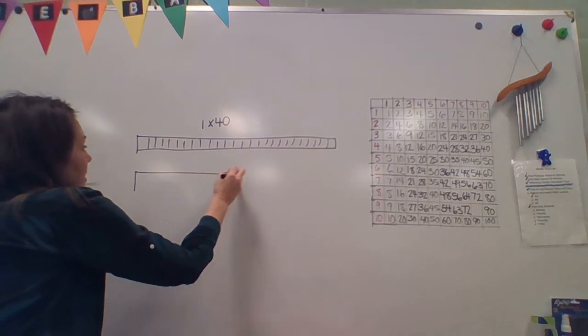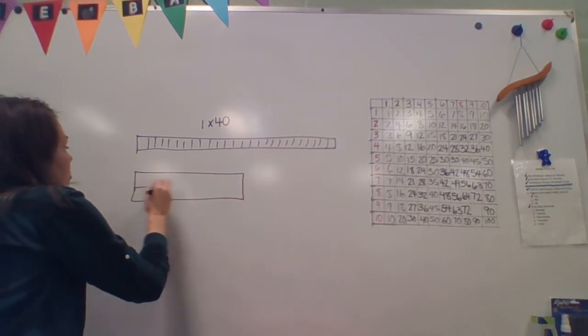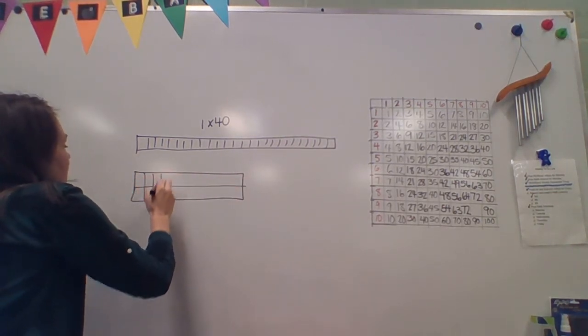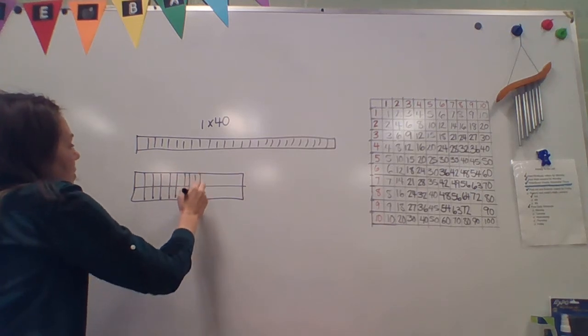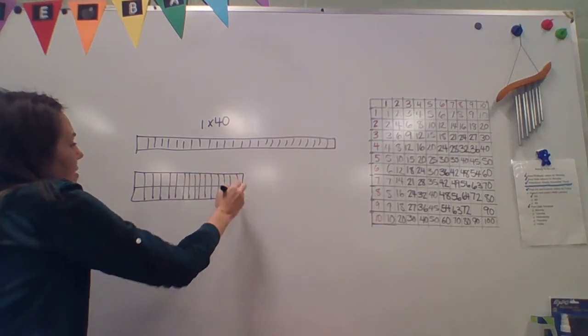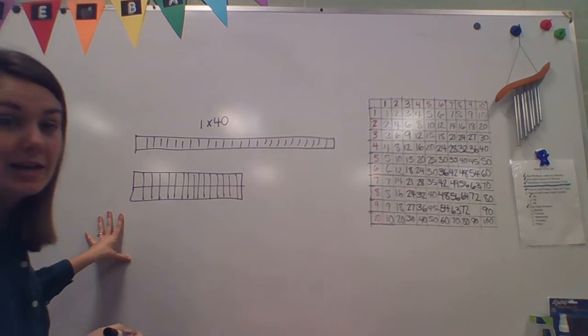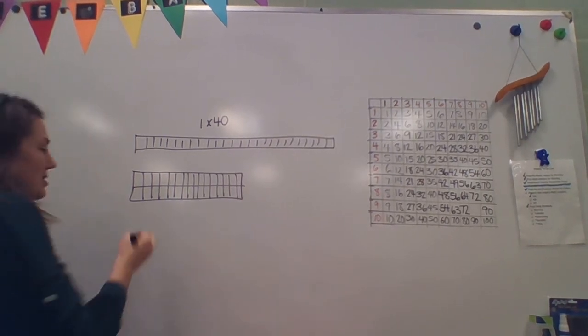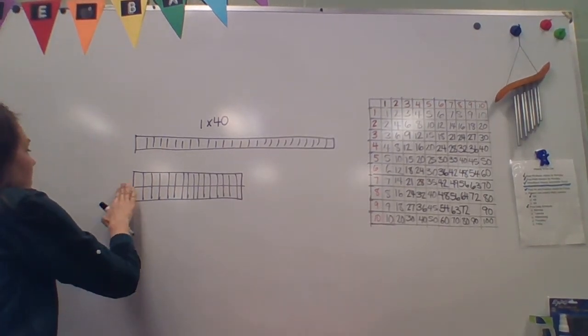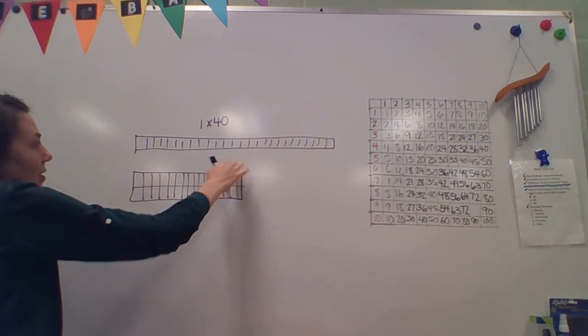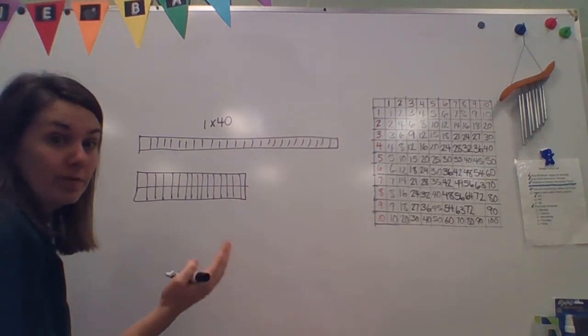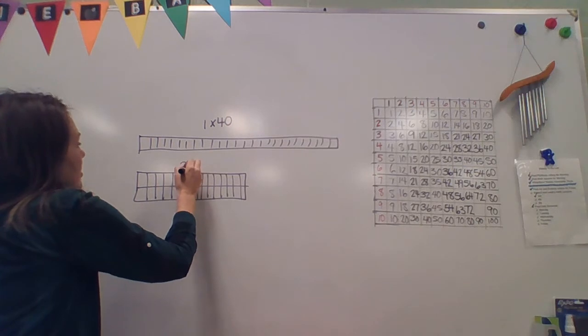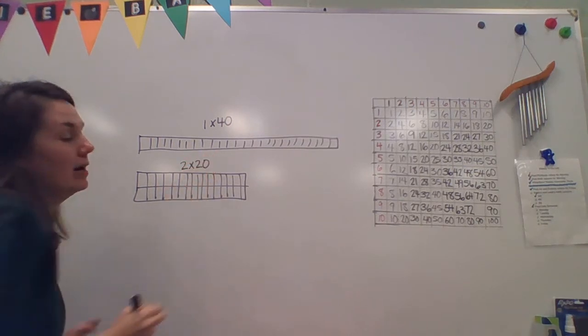We could also then have 2 rows, and each row would have 20 in it, right? Again, I don't know if that's exactly 20, but we're just using our imaginations here. So I would have 2 on one side and 20 on the other, because that would still total the 40 cars. So 2 times 20 would be another option.